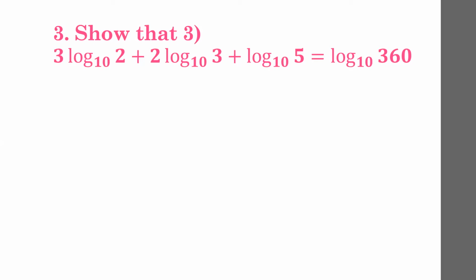In the left hand side we have three terms. All the terms have base 10. So we can apply the formula once we are ready for that. Solving this math, we have to start from the left hand side.